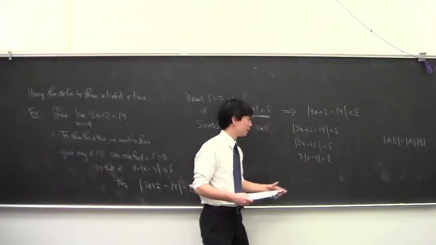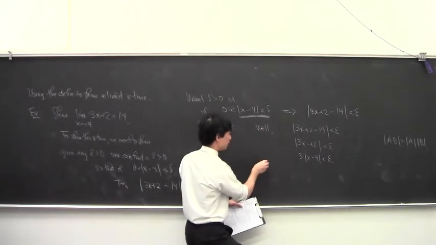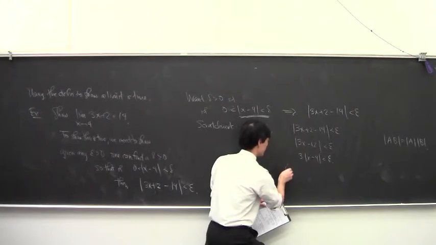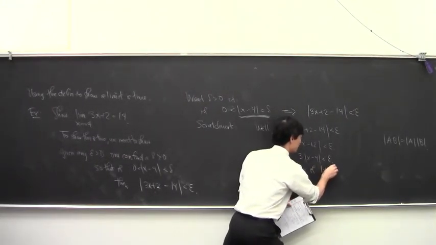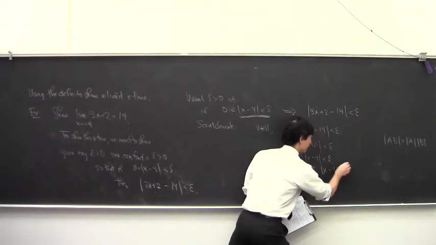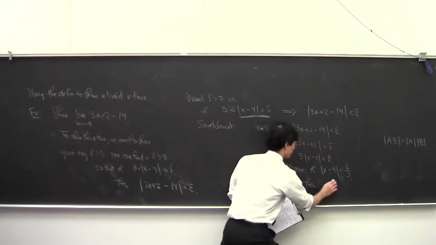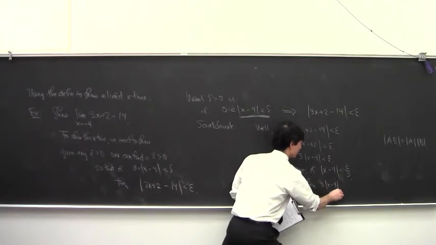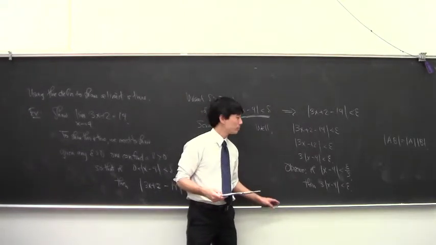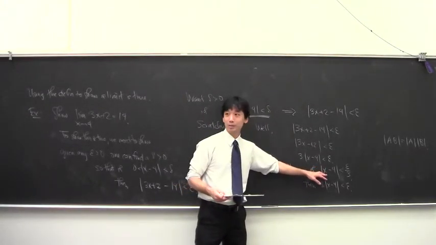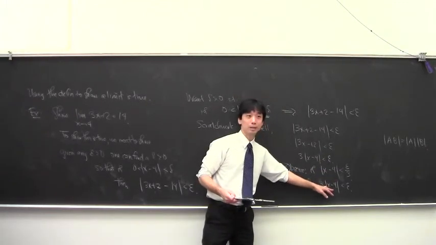So we observe, if the absolute value of x minus 4 is less than epsilon over 3, then 3 times x minus 4 is less than epsilon.